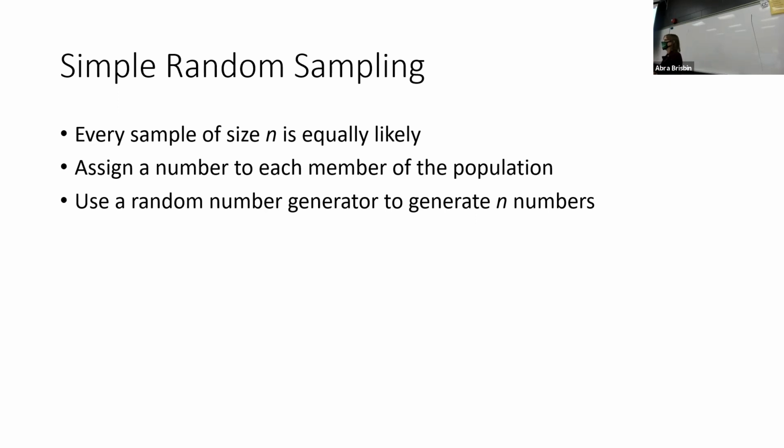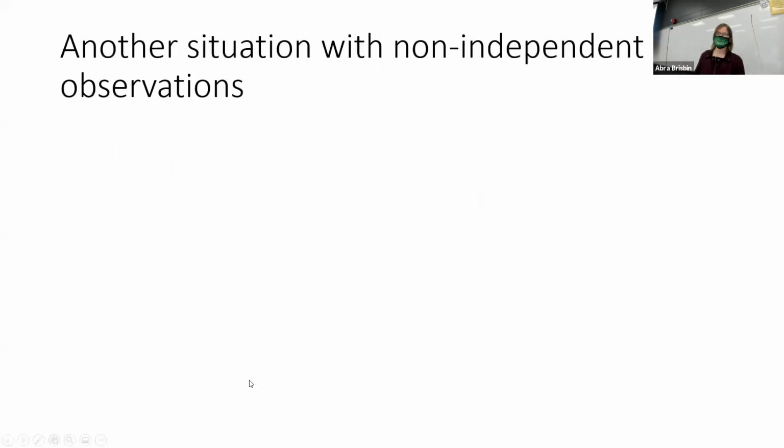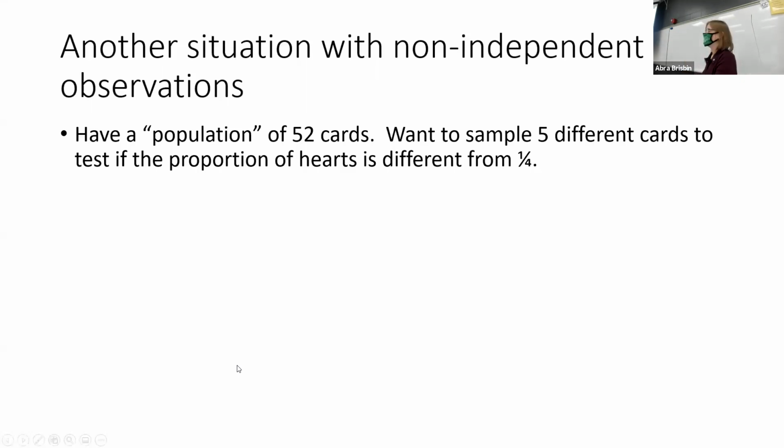All right. There's one other major situation where independence of your observations can fail. Imagine for a moment that you have a population of 52 playing cards, and you want to sample 5 different cards to test if the proportion of cards that are hearts is different from 1/4.